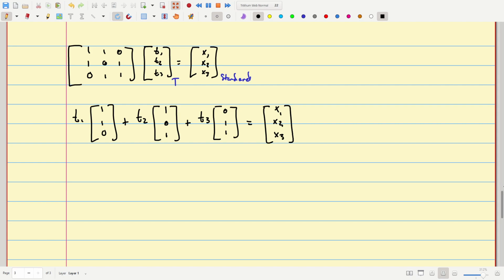Okay? When I take this linear combination, what I'm doing is I am performing a matrix multiplication, and the value that I get on the right-hand side are my coordinates in the standard basis. So the x1, x2, x3 standard basis. The T1, T2, T3 are the coordinates in the T basis for this vector.